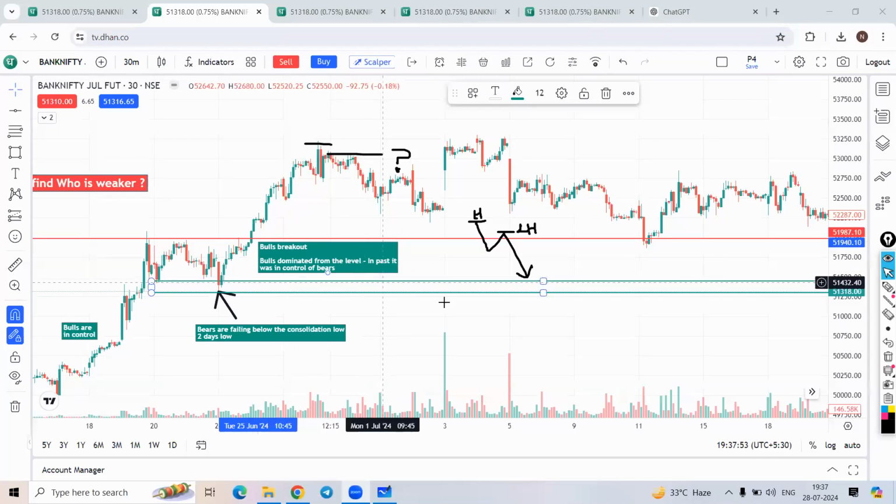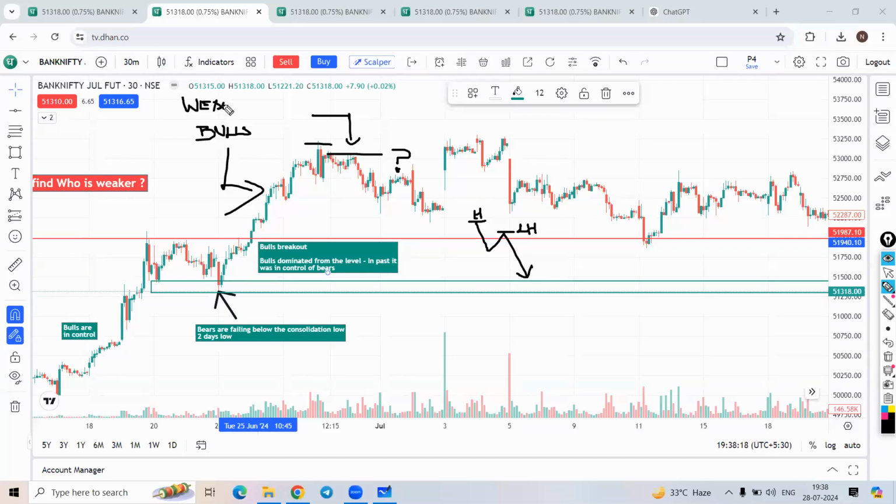My question, as I mentioned, look at the market only from the perspective of bulls versus bears. A lower high formation is happening in two cases. Either bearish players are trying to come in, or these bulls who are moving the market up are getting weaker.